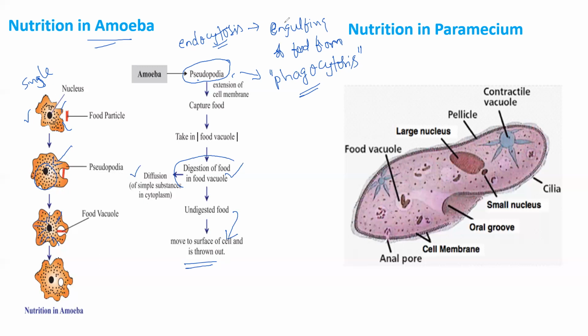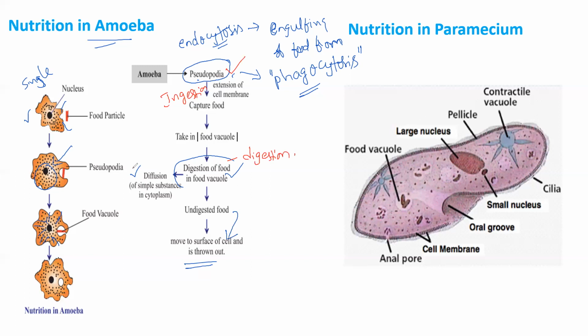Now you can see, we already discussed the 5 steps in nutrition, holozoic nutrition. The first one is ingestion. The same ingestion takes place in amoeba with the help of pseudopodia. After that, in the food vacuole, digestion takes place.